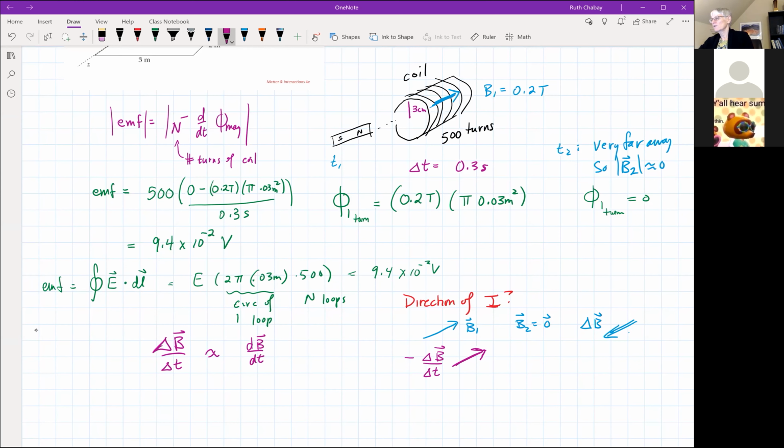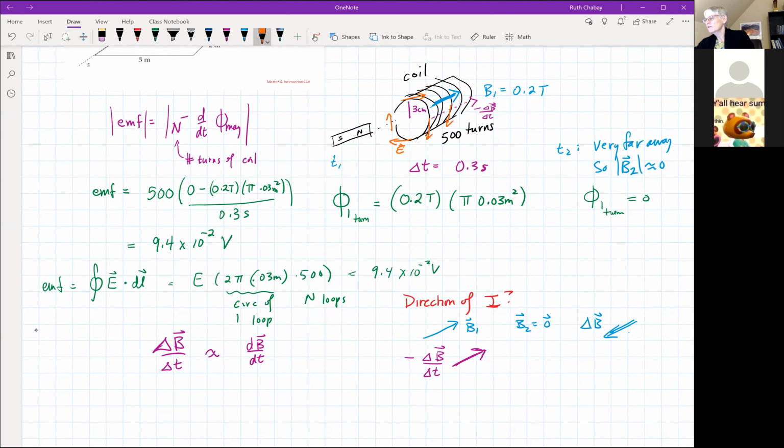So if we point our thumb in the drawing up here in the direction of minus delta B over delta T, which we see is in the same direction as the original magnetic field in this particular case, but it won't always be, we see that our fingers are going to curl clockwise around this coil, so that the electric field in one turn of this coil looks like it would end up pointing this way.